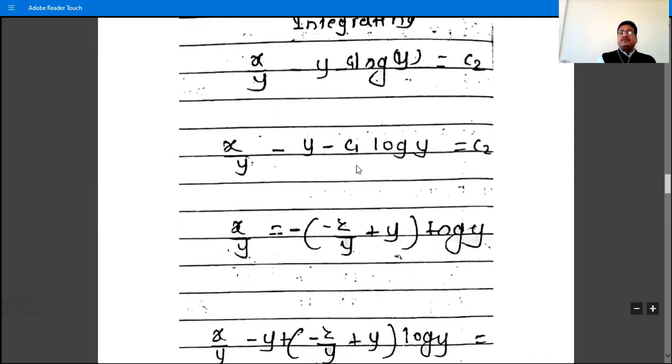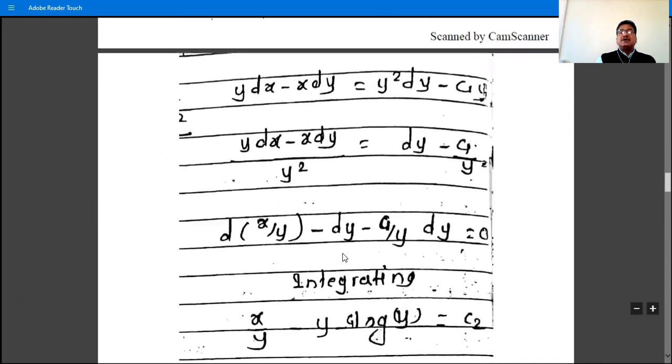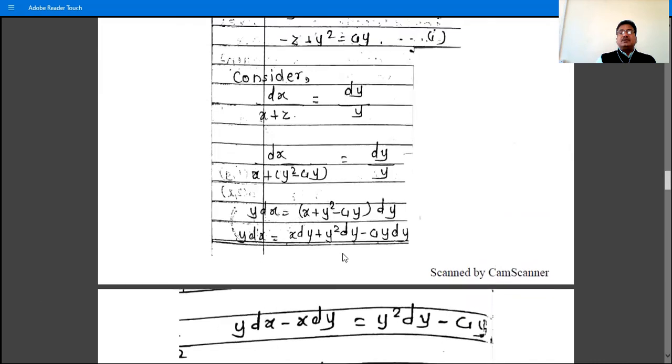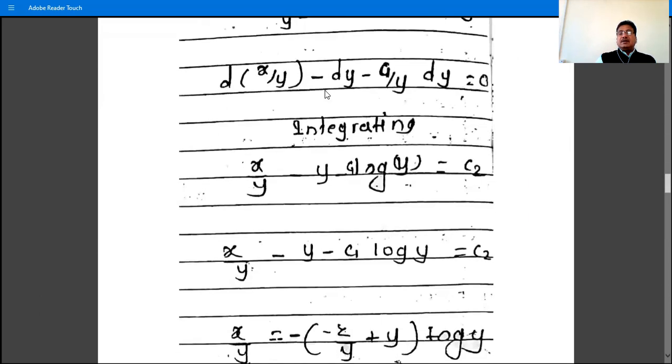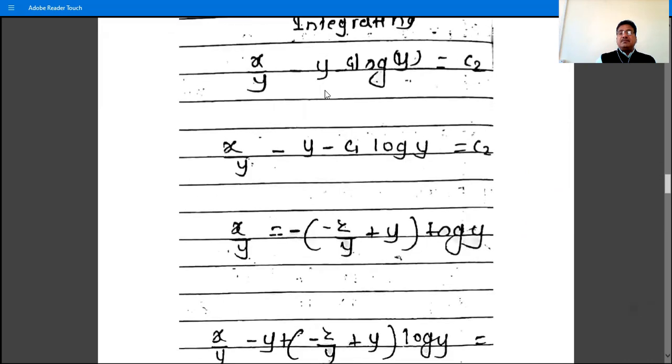And then substitute C1. What is C1? C1 is minus Z by Y plus Y. So substitute C1 as minus Z by Y plus Y into the log Y term, equal to C2.